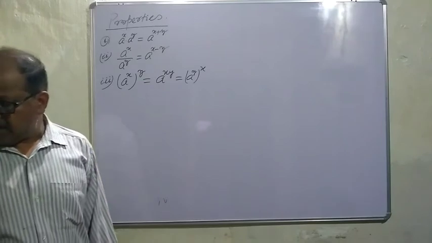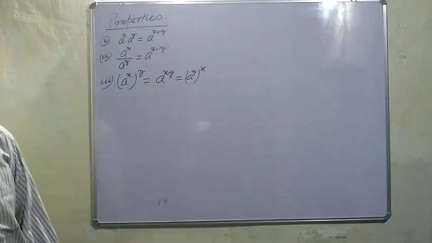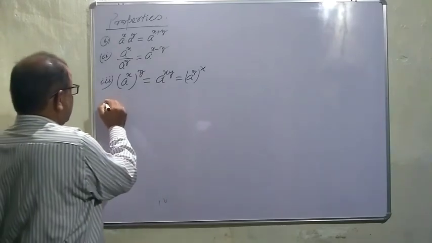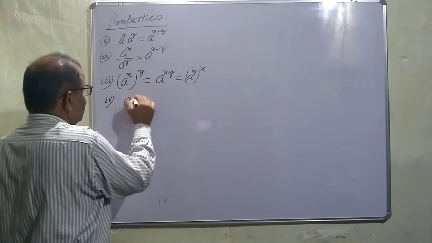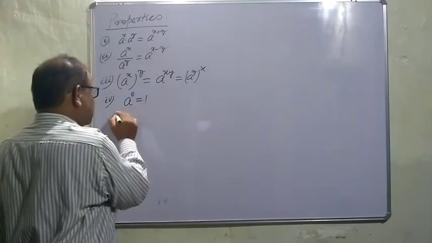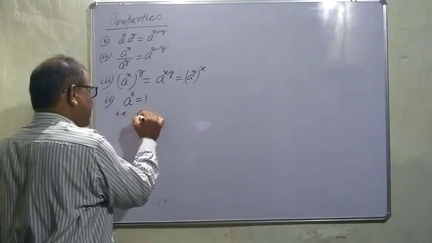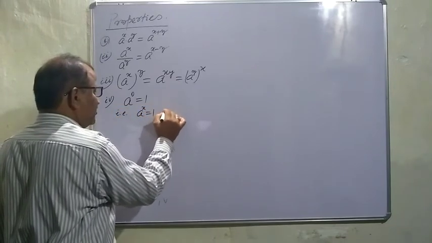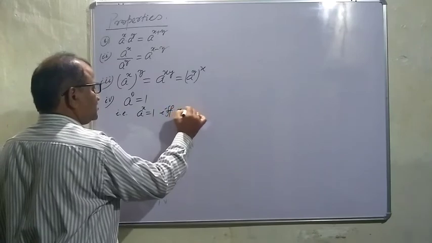Then a to the power 0, right? Number 4, a to the power 0 is equal to 1, that is you can write a to the power x is equal to 1 if and only if x is equal to 0.